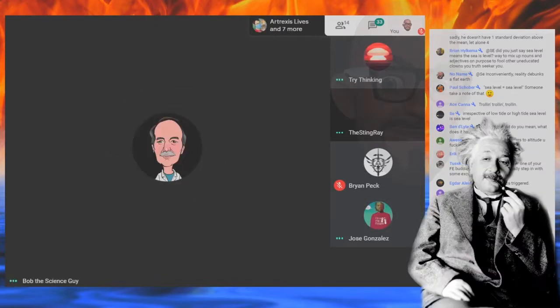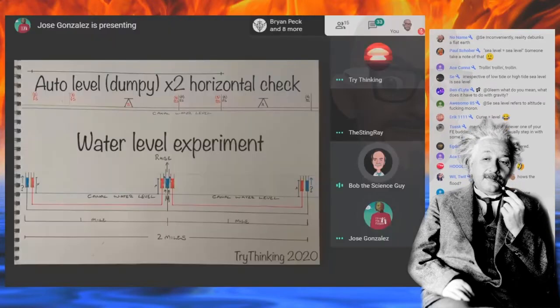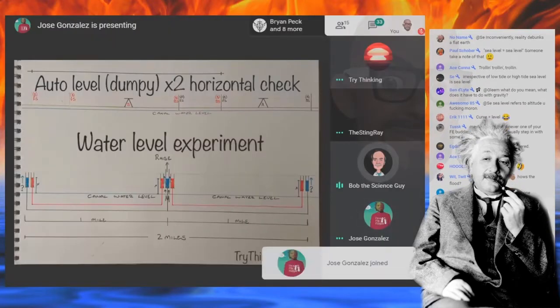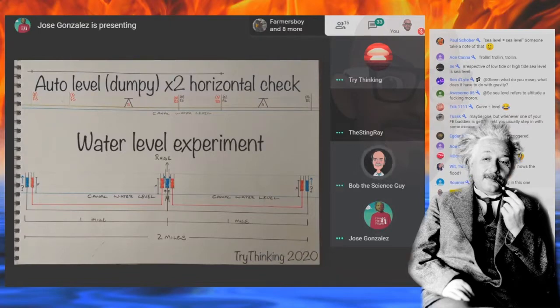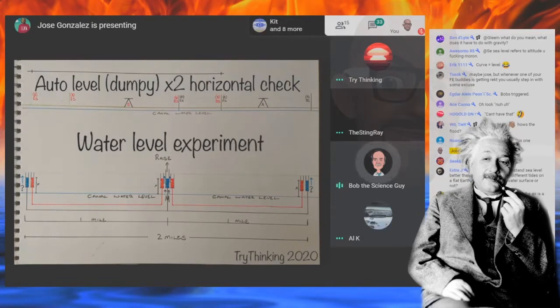Now, if that middle pipe has a water level that is 12 inches above the level of the pipe, does that mean that on either side, those water levels will be 8 inches higher so that they are in a straight line with the middle pipes?